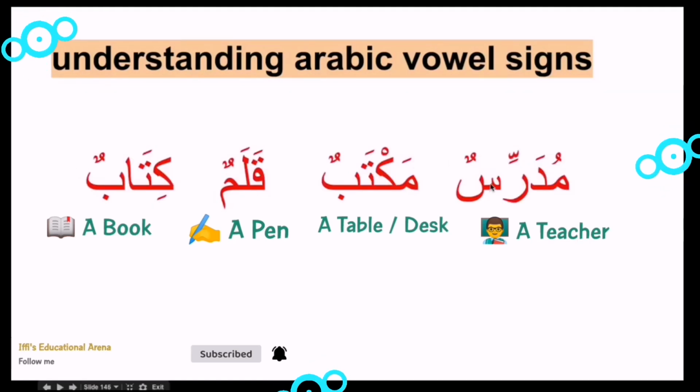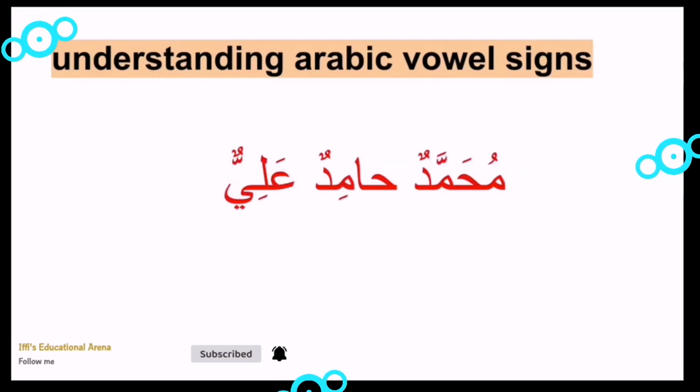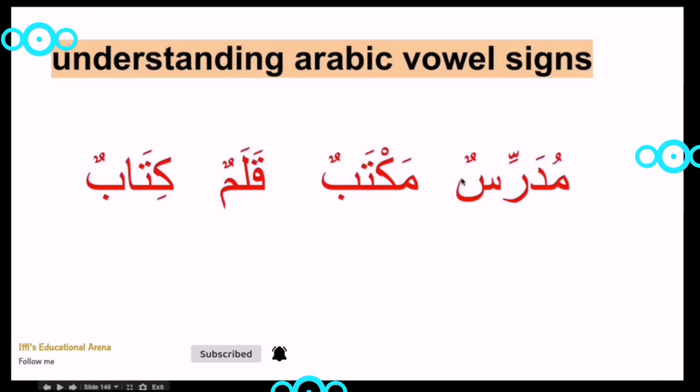Mudarrisun, you see double Dhamma, is indefinite. Maktabun, desk, so indefinite, a desk, a teacher. Qalamun, a pen. Kitabun, a book.